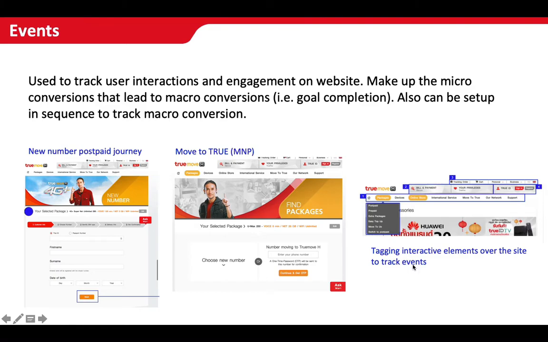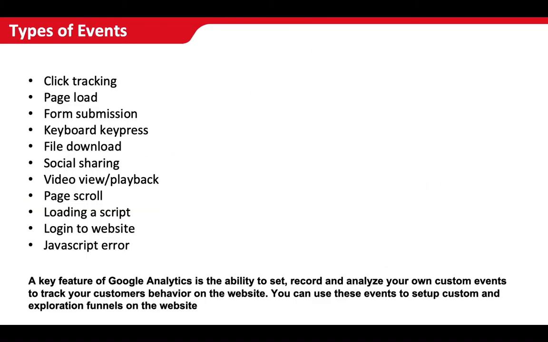And then we also might want to set up events that track people clicking on the menu over here, so we can see what kind of buttons or links people are pressing on the most. This will help us see how to reorganize our menus to allow users to find what they're looking for even better and easier. So you can use those events to get instant insight about how customers are interacting with your website.